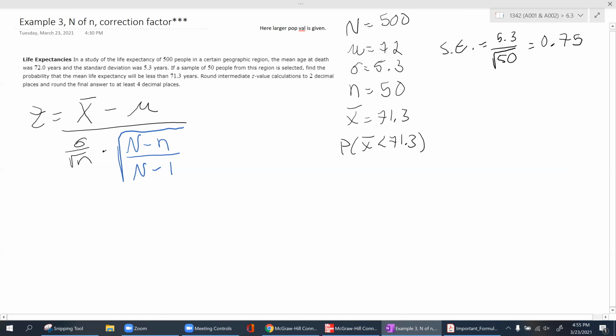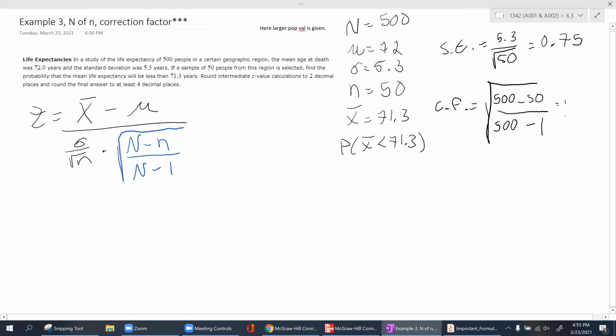And then I'm going to look at my correction factor. My correction factor is going to be the square root of uppercase N minus lowercase n over 500 minus 1.